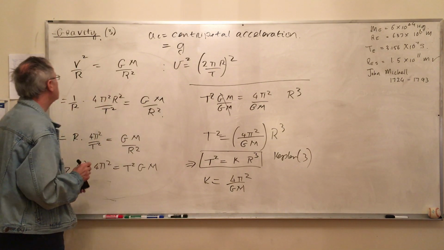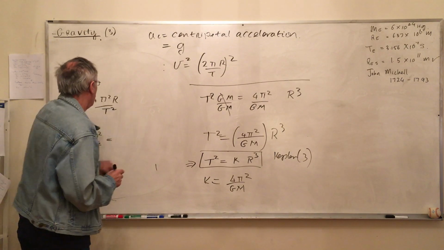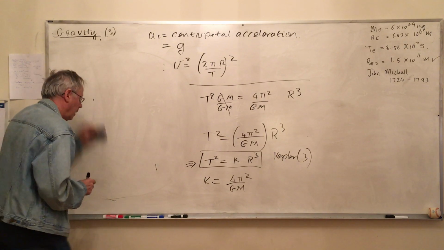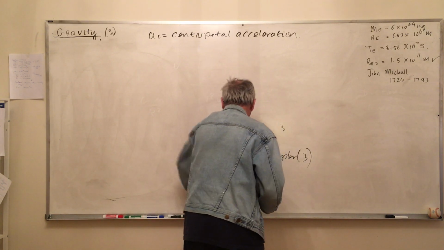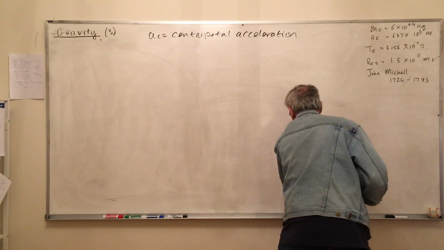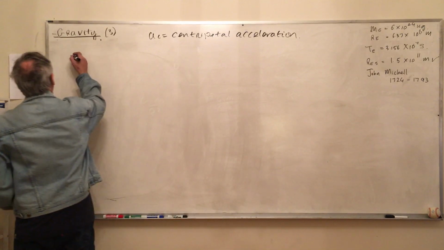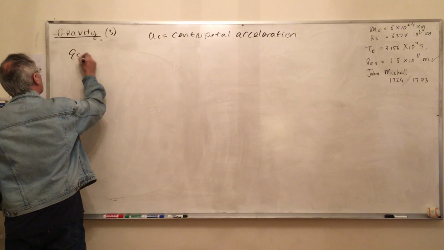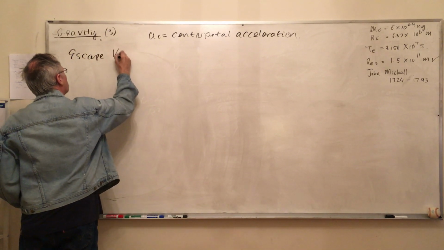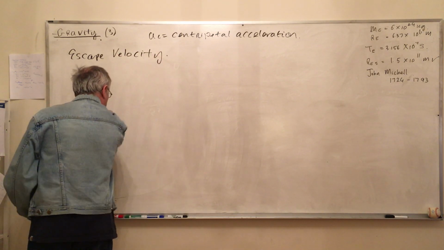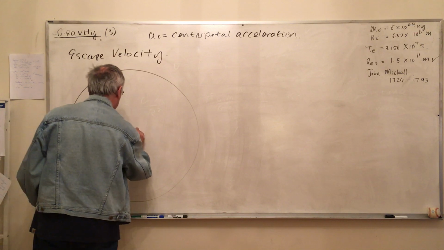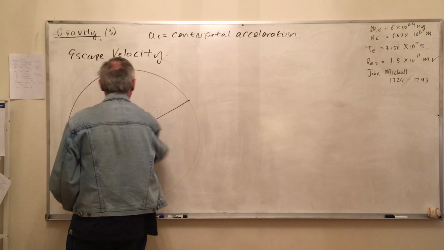We'll do one more result. This result I will use over and over again when we do relativity. As usual, we have to have a circle with a radius and a mass.